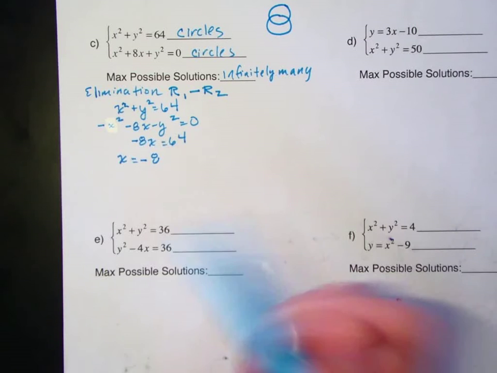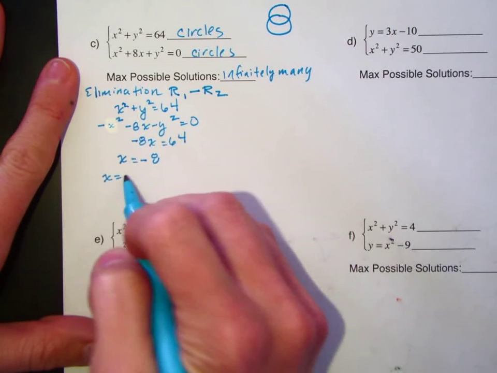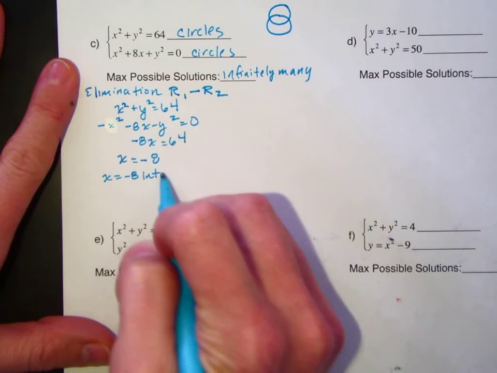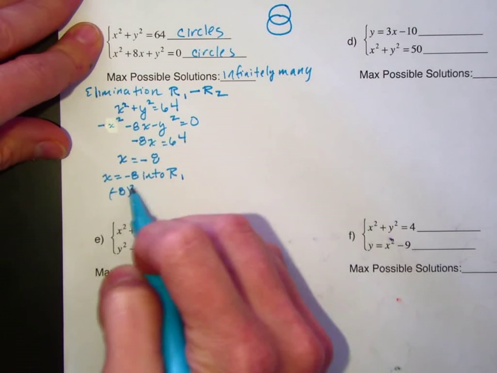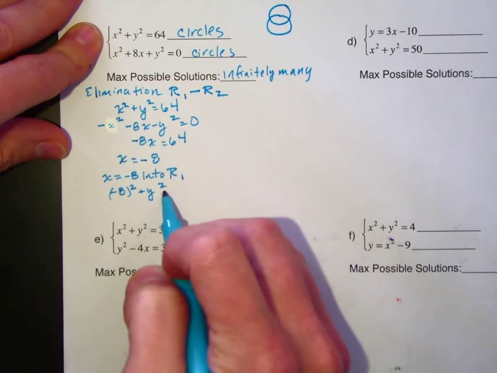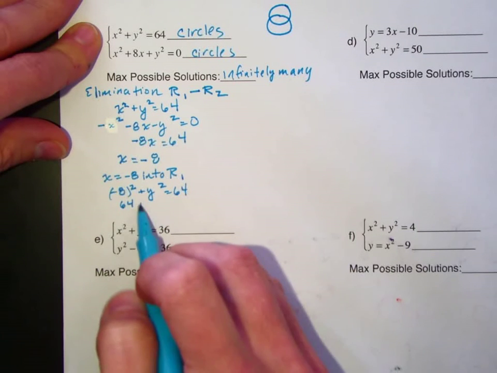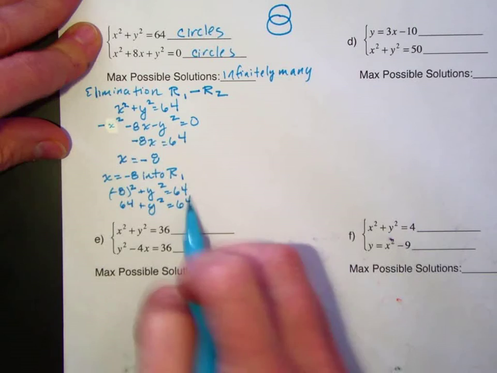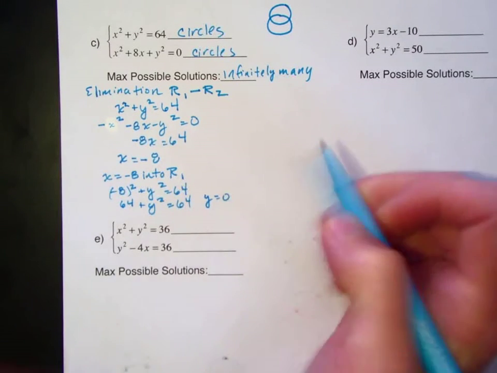What do you guys want to plug into, row 1 or row 2? Row 1. So x equals negative 8 into row 1. So then we get negative 8 squared plus y squared equals 64. 64 plus y squared equals 64. So what does y equal? Y equals 0.